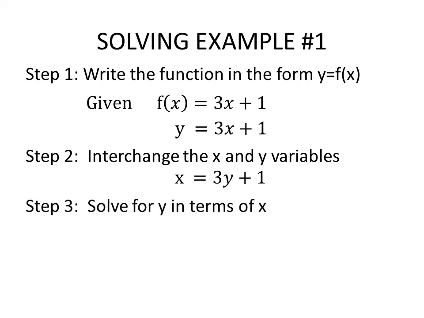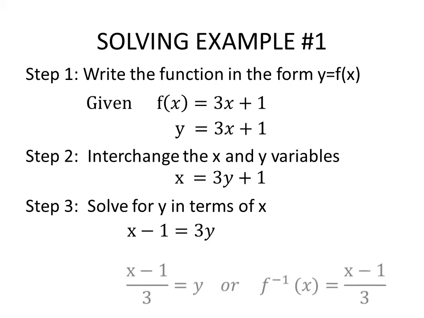Step 3. We are now to solve for y in terms of x. Rearranging, we will have x minus 1 is equals to 3y. But we are only interested in y.